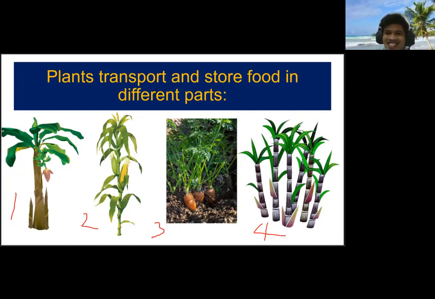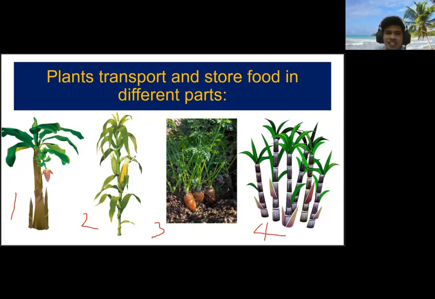There's an answer in the chat box. Roots, that is correct. Number three, food is being kept in the roots. Very good, Gawin. How about number two? You can type in the chat box. Very good. That is correct, in the seeds.